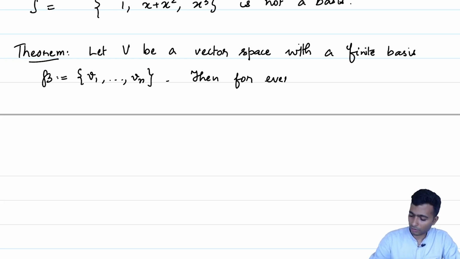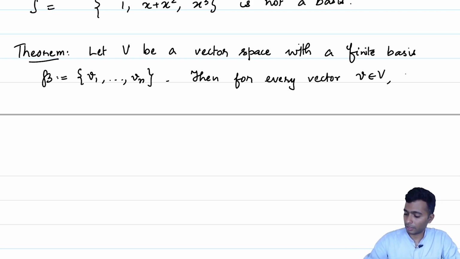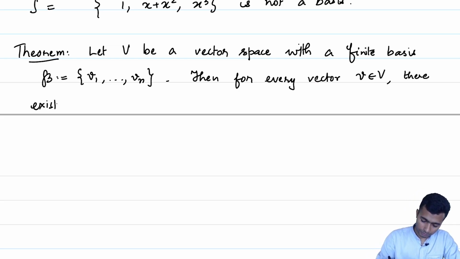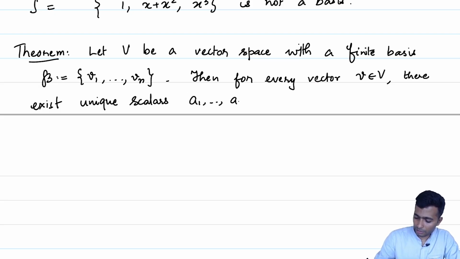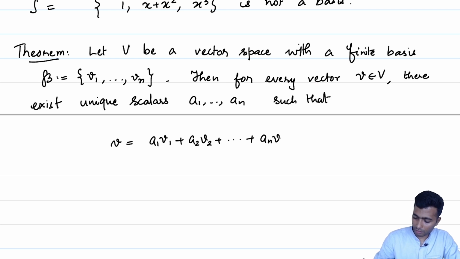Then, for every vector v in capital V, any vector in the vector space, there exist unique scalars a1 to an such that v is equal to a1 v1 plus a2 v2 plus dot dot dot plus an vn.